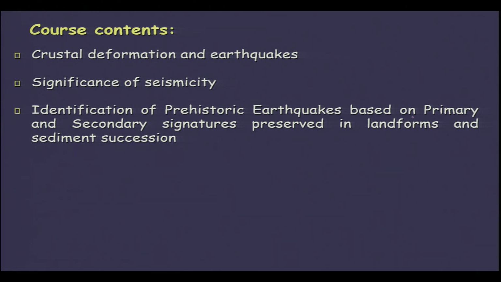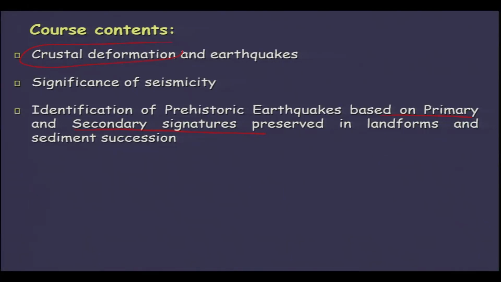Now, this is a very basic part, that is primary and secondary signatures, because there are features or signatures on the landforms as well as signatures preserved in the sediments which are primary, that is, those which are formed or developed at the time of deposition or the formation of that particular landscape, but later on they got modified because of crustal deformation.